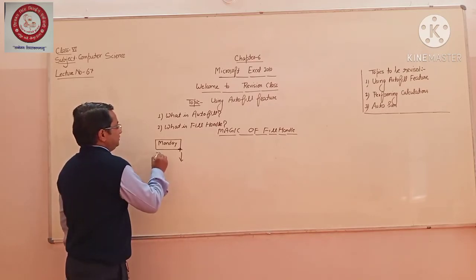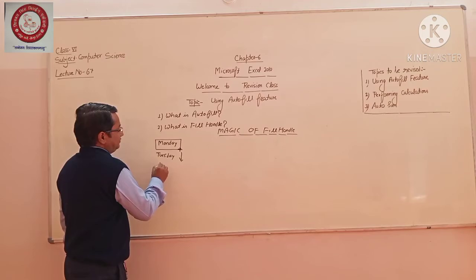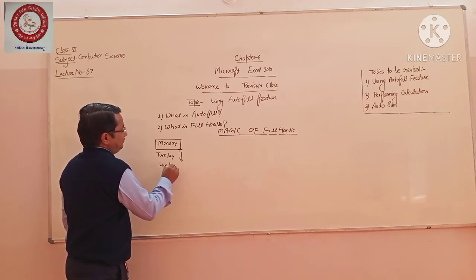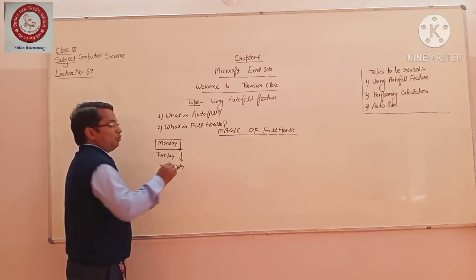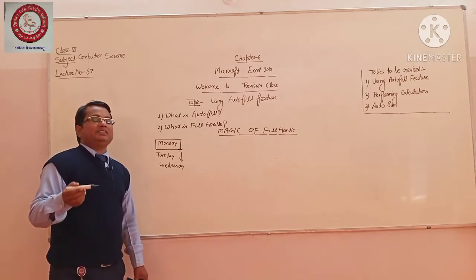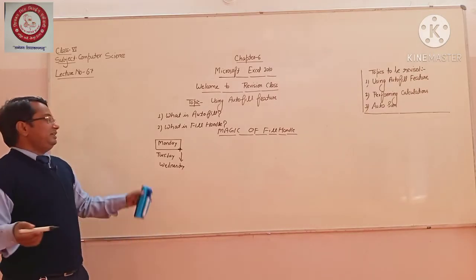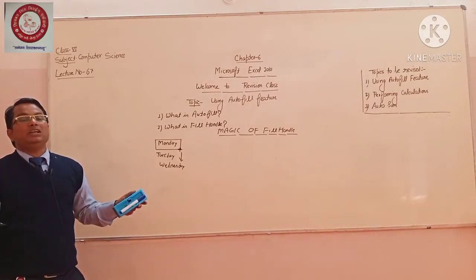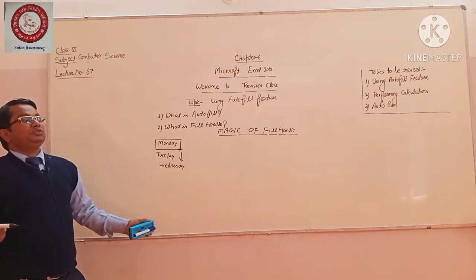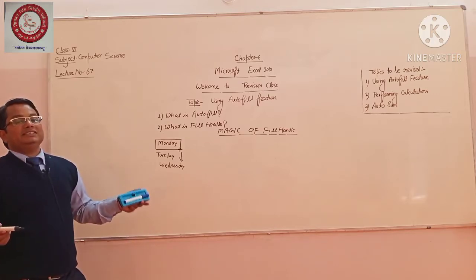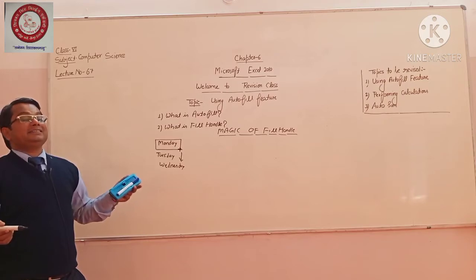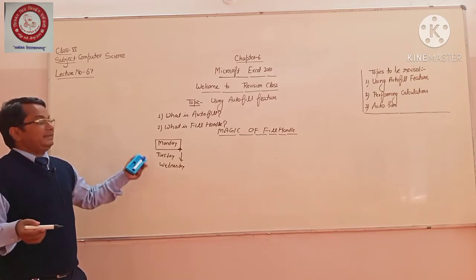You will observe that Tuesday will come automatically, then Wednesday. If you select 6 more cells, they will automatically fill with the days, and you will get the exact count from Monday till Sunday.